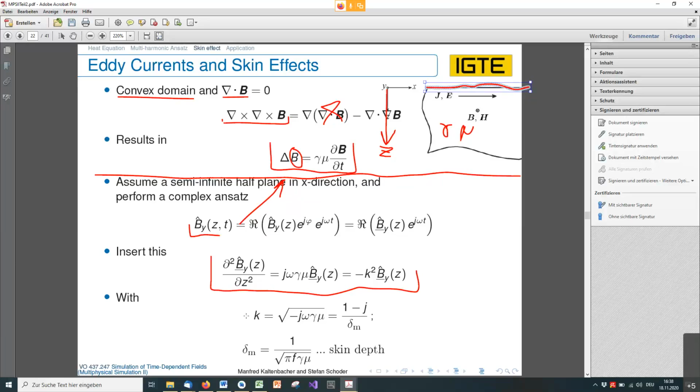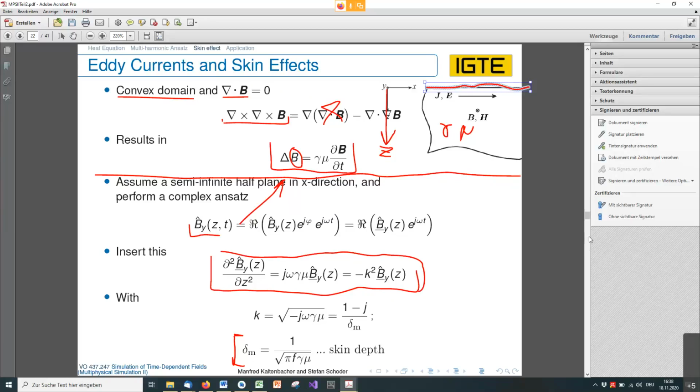Here we can do some definition of the parameters of this equation, and we obtain the skin depth delta as a simple definition regarding the parameters here. That's basically it for the setting of the equation. So keep in mind this equation up here, which can express a boundary layer.